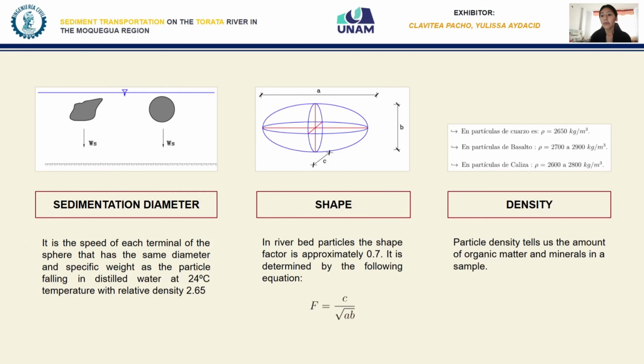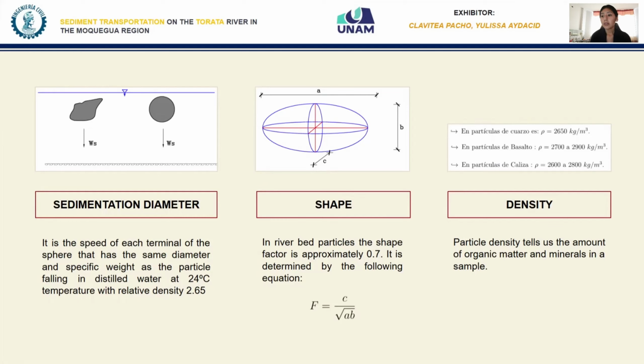Shape. In river bed particles, the shape factor is approximately 0.7. It is determined by the following equation.